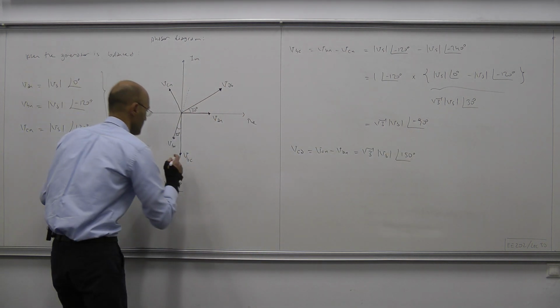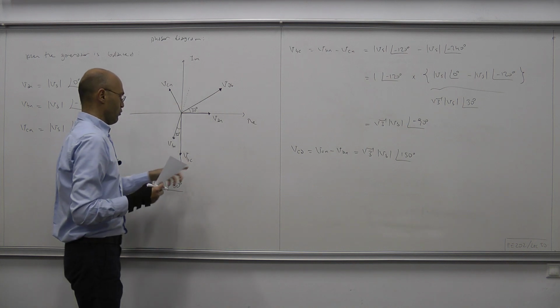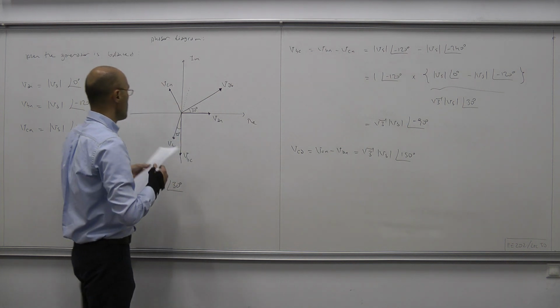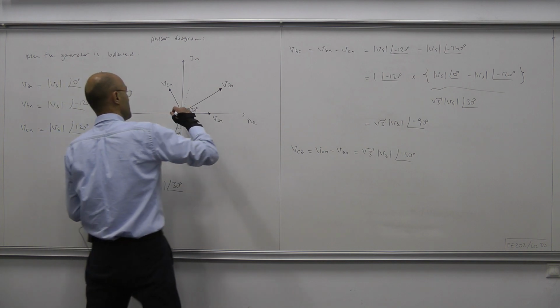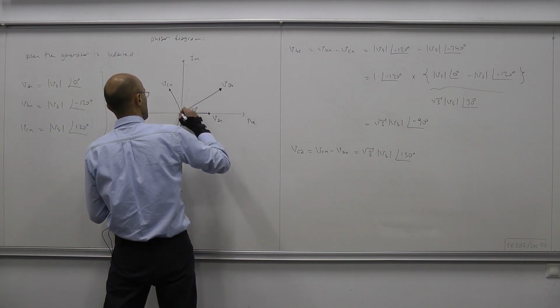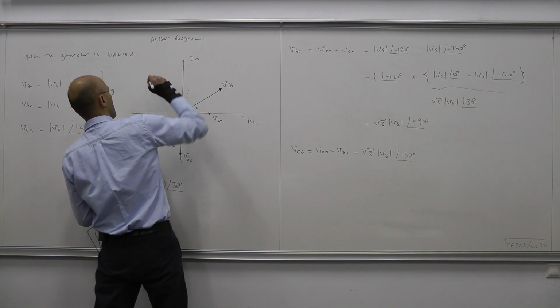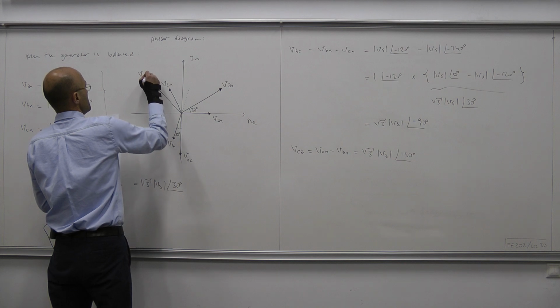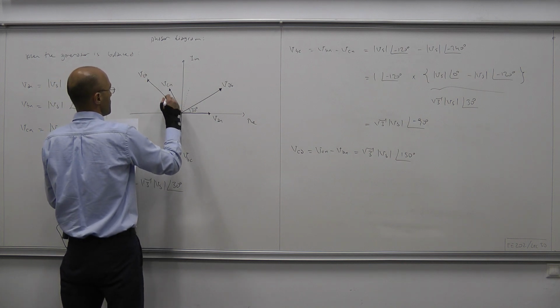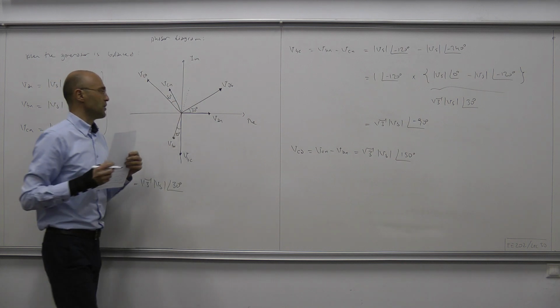And finally, from VBC to VCA, you go another 120 degrees, so that produces this vector here, VCA, and this separation is also 30 degrees.